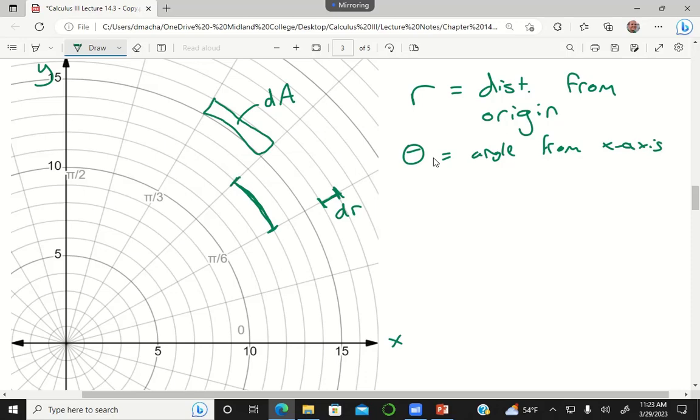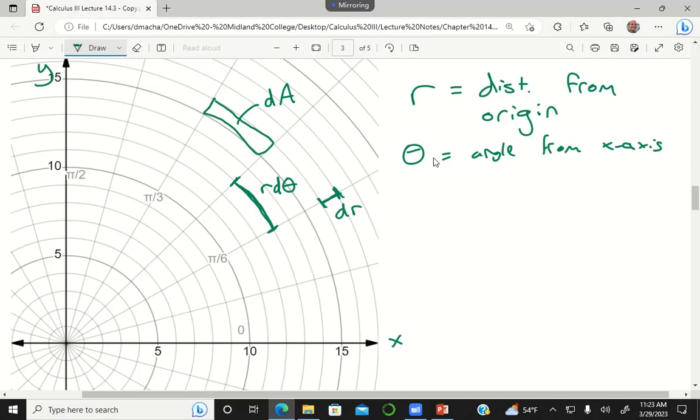Then one of these kinds of line segments is actually part of an arc around a circle. And so the formula for the length of an arc around a circle is r d theta, not just d theta. D theta is the change in the angle measure, but the length of this little arc segment is r d theta.